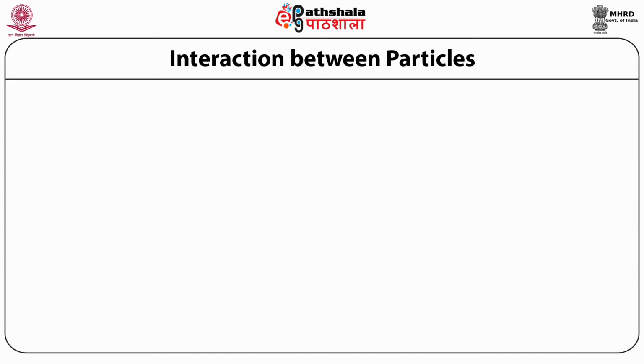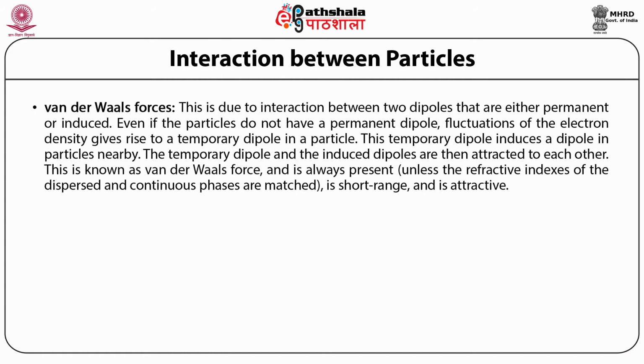The next interaction is van der Waals forces. This occurs because of the interaction between two dipoles, which may be either permanent or induced. Although the colloid particles do not have permanent dipoles, any variations in electronic density may cause temporary dipoles in the particles.